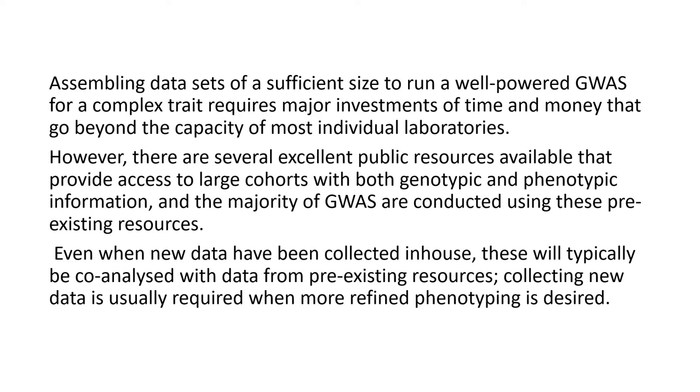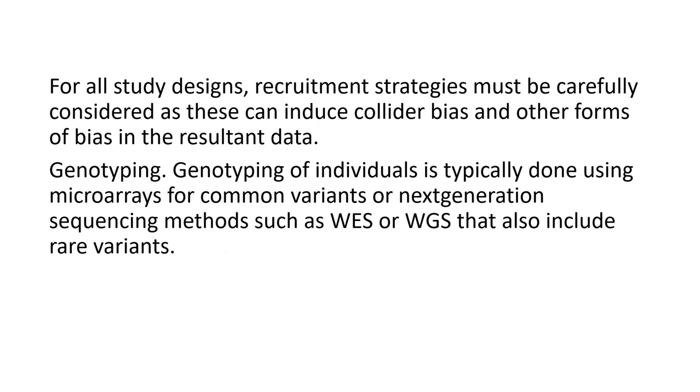Here we do not have sequence. Here we are talking about the variations that are associated with the disease. So we are analyzing the variation. What are the common things and what are the variations? Because we are analyzing the genome at a large level. For all study designs, recruitment strategy must be carefully considered.